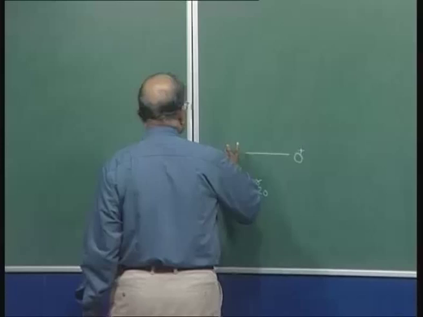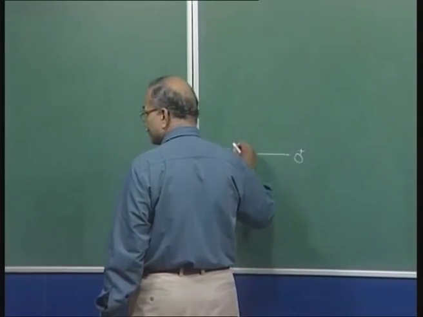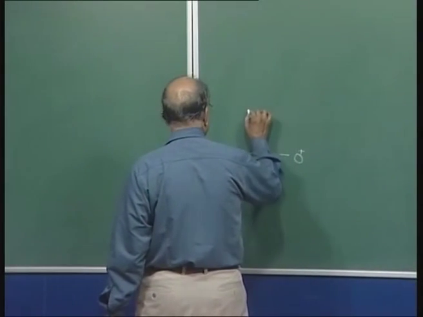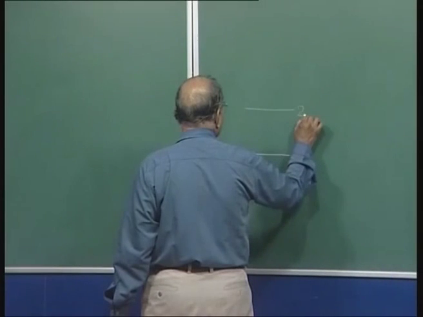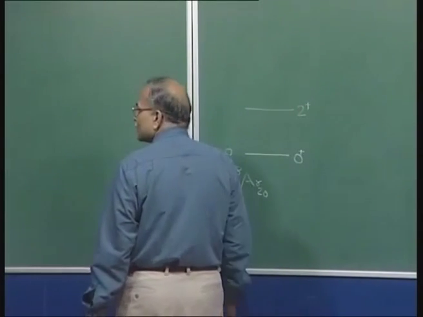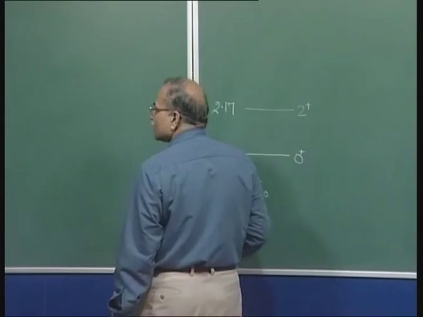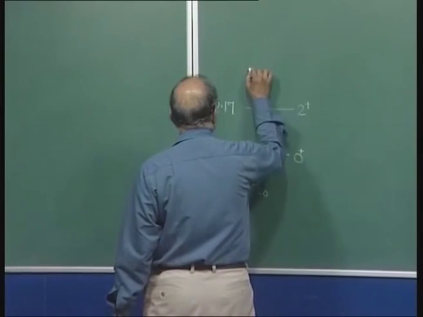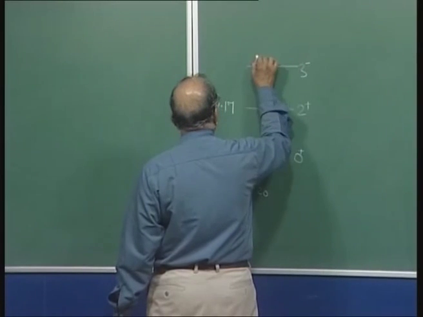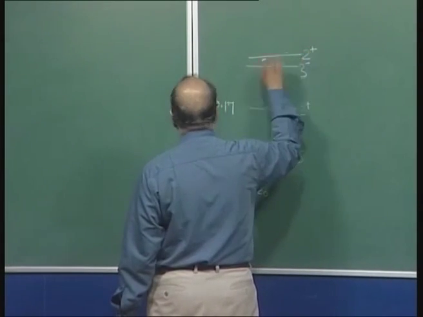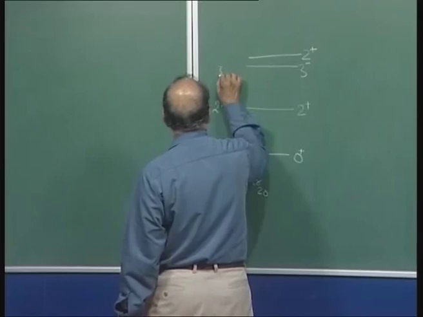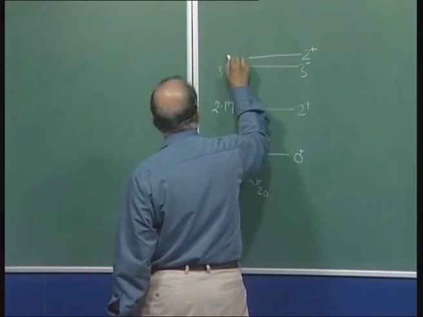The first excited state is 2 plus at 2.17 MeV, and then you have 3 minus, and close to this you have another 2 plus, at 3.77 MeV and 3.95 MeV.